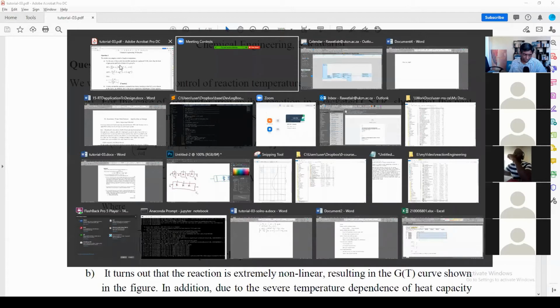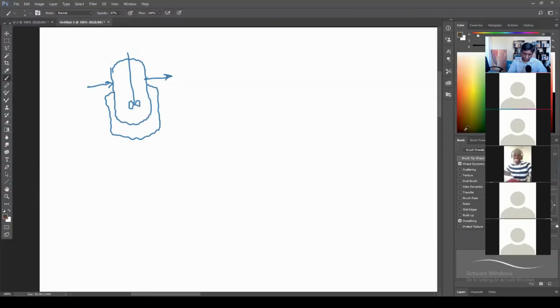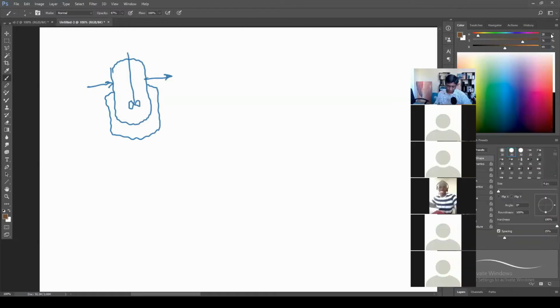So I'm just going to work here. Okay, so we've got the CSTR, and we've got flow through the CSTR. And then the CSTR is also jacketed. And let's just give a different color here. Okay, so you've got your jacket temperature.